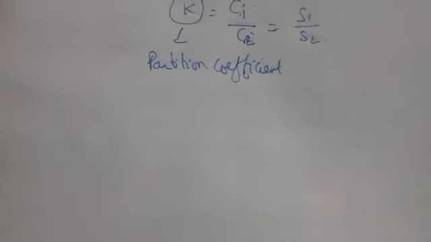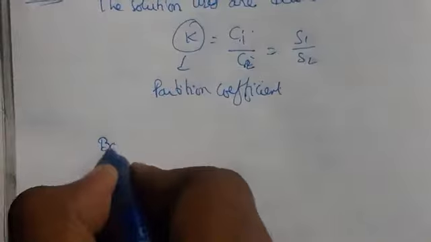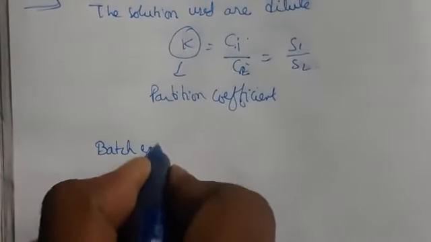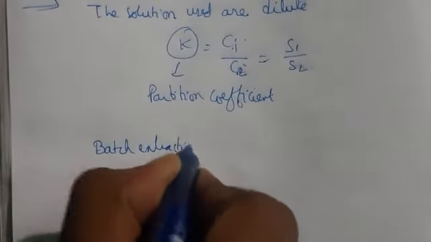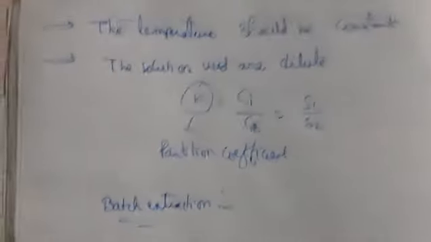Here solvent extraction consists of three types of process. One is batch extraction. It has some experimental procedure.